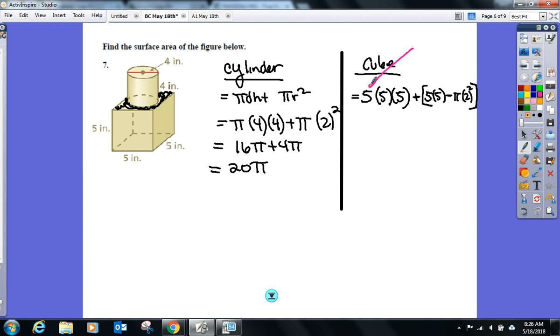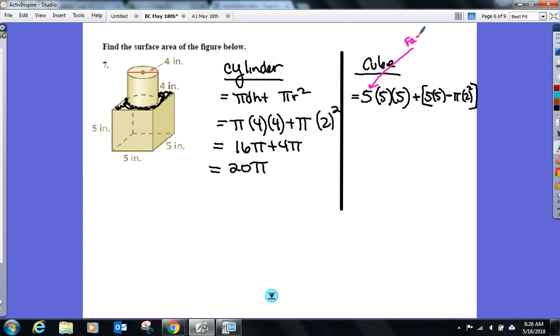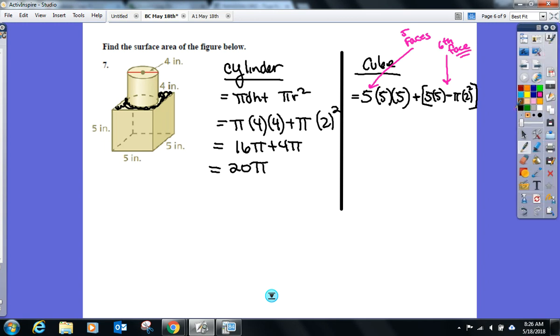So again, 5 faces. And this represents right here the 6th face. Everyone see how we're calculating that? 25 minus the circle on top will give me the area left over. So go ahead, calculate that.